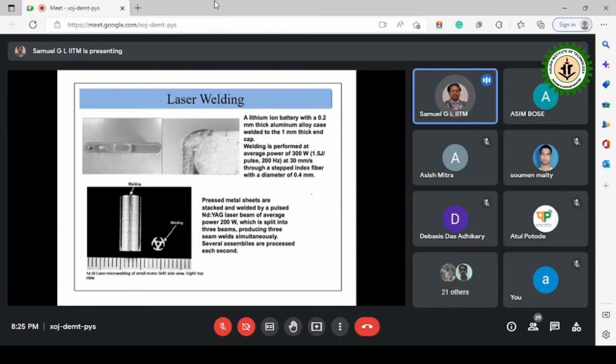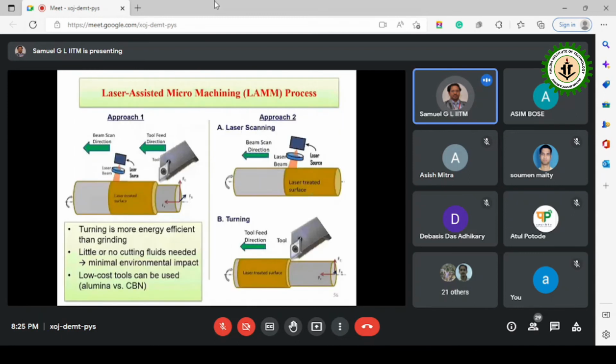In shipbuilding, there are several thousands of kilometers of length they need to weld. Thousands of kilometers of length welds will be required. So by using lasers, we can do that at a very, very high speed. And also, welding of dissimilar materials is possible by using the laser welding process.